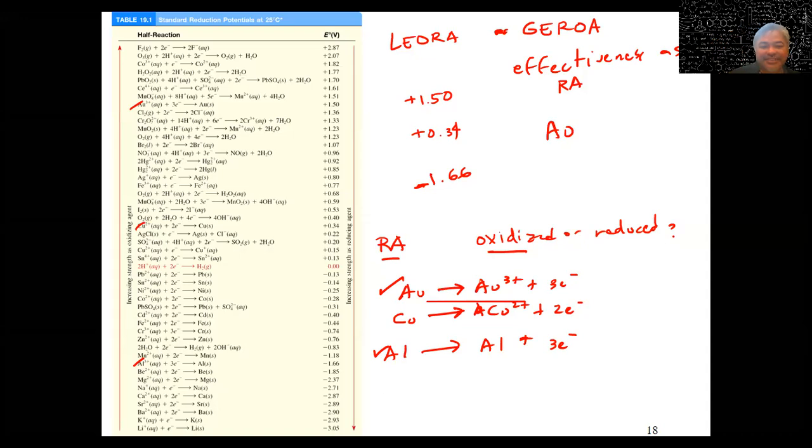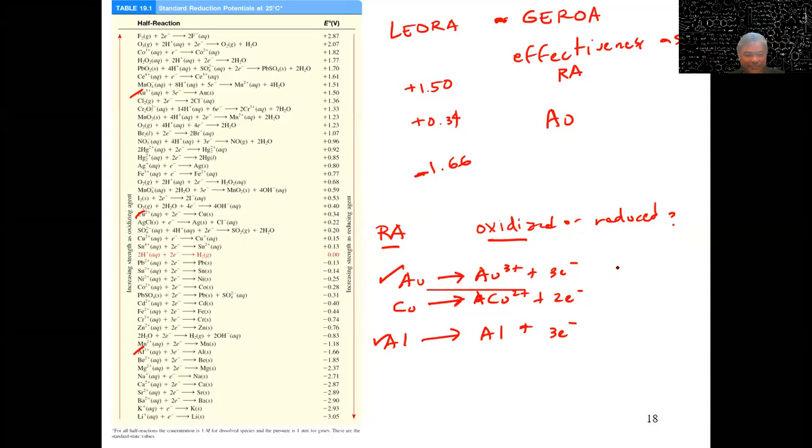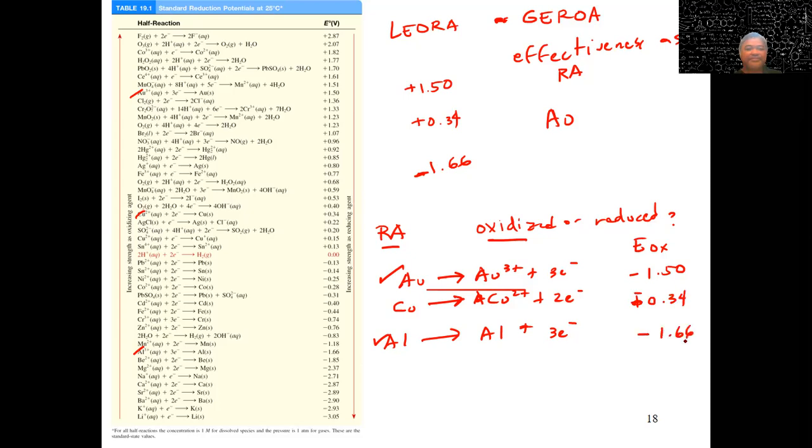Alin sa tingin nyo mangyayari dito? So kapag ganyan, pwede natin sabihin the oxidation potential. So every time will be baliktad, di ba? So in terms of increasing strength of reducing agent, ang pinakamalakas ay yung aluminum. Ang pinakamababa ay yung gold as reducing agent.